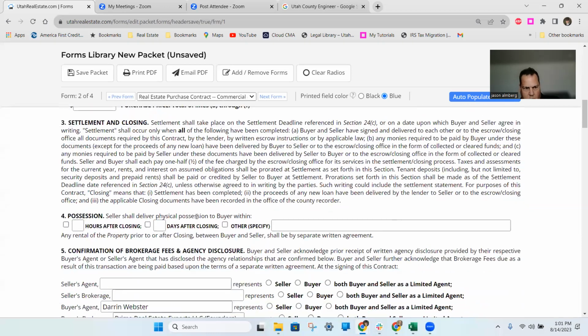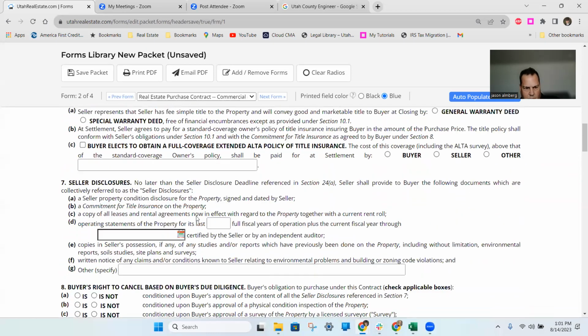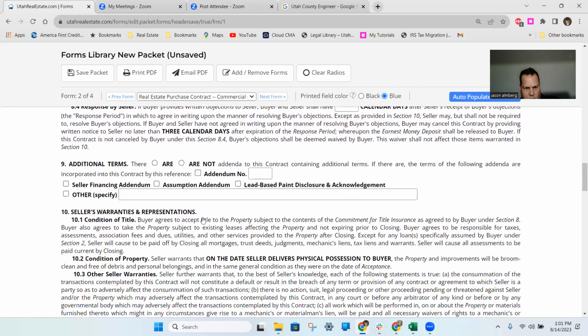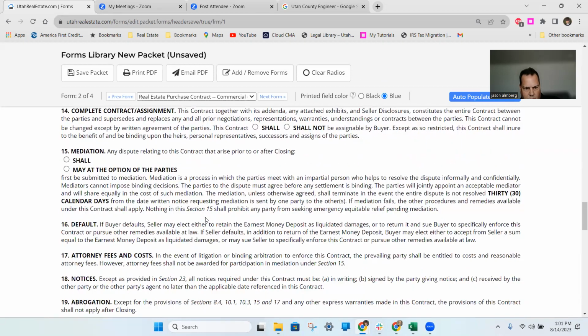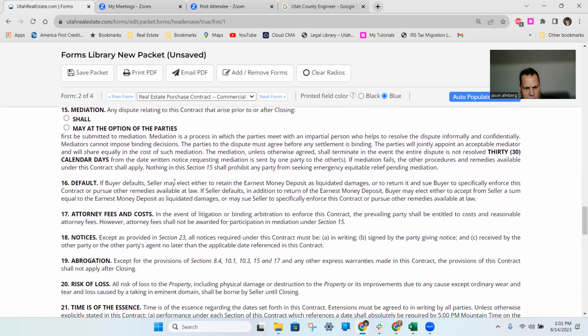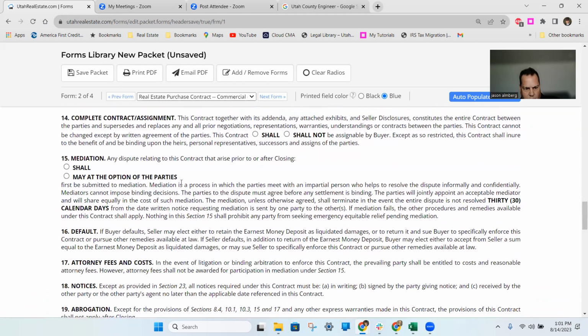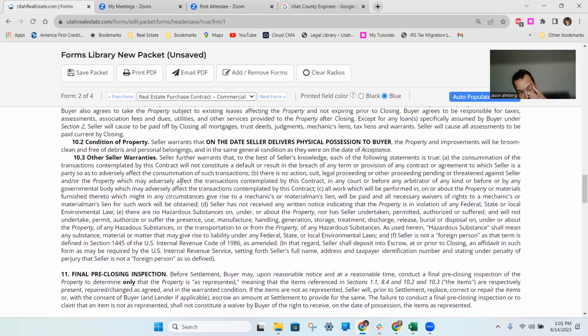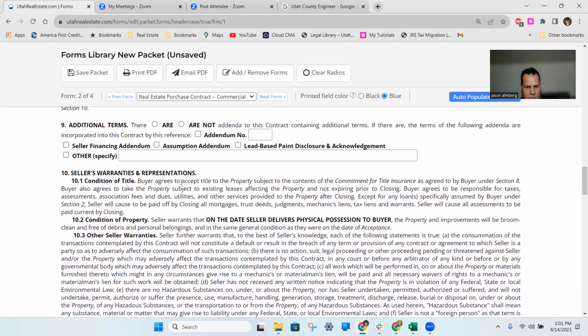One of the biggest, in my experience with this, one of the biggest delays can come with the financing side of it.